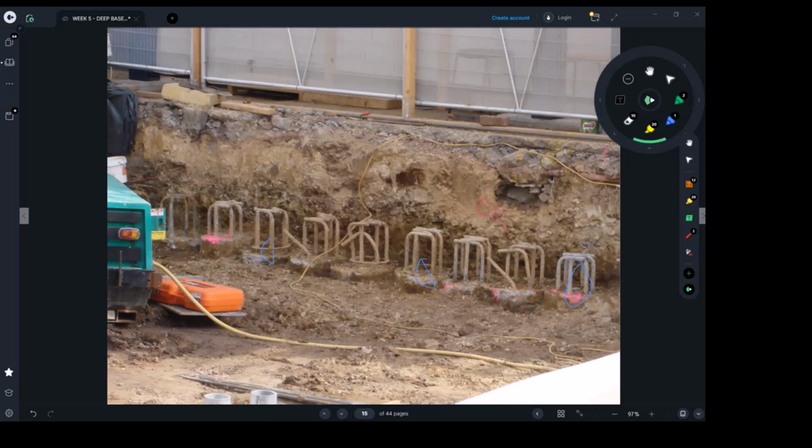Then, after the blue ones are set and hard and reach acceptable strength, they're gonna do the yellow piles, the ones I'm just going over. Hopefully you can see them.